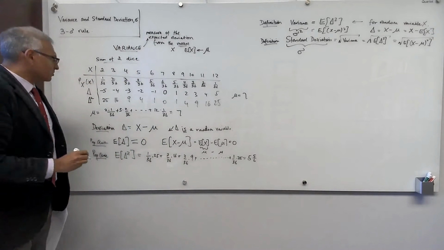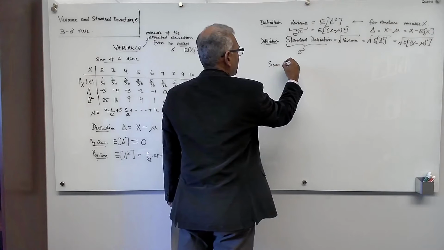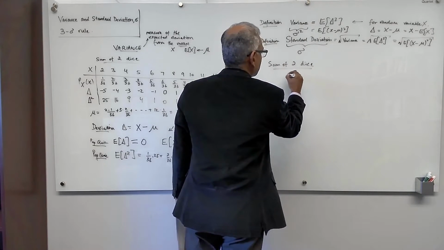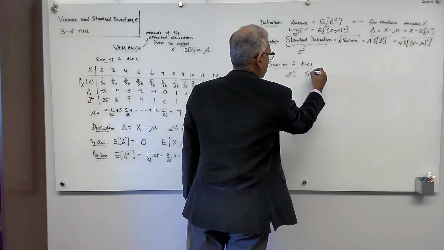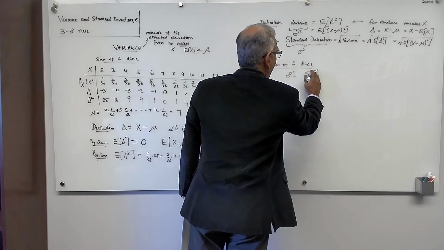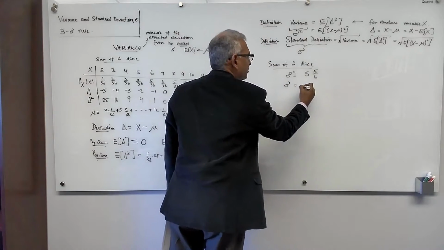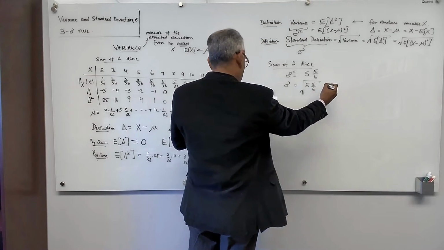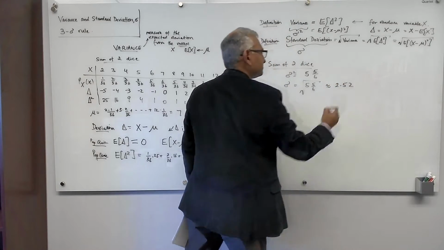So for the sum of 2 dice, the variance sigma squared is equal to 5 and 5/6. And the standard deviation is the square root of that, the square root of 5 and 5/6, which is approximately 2.52.